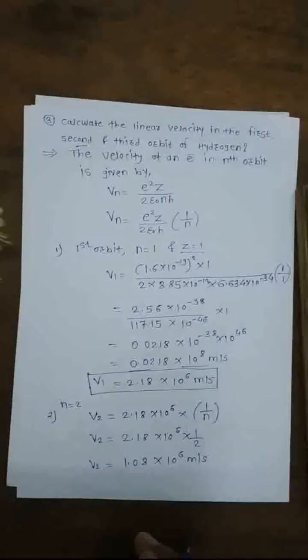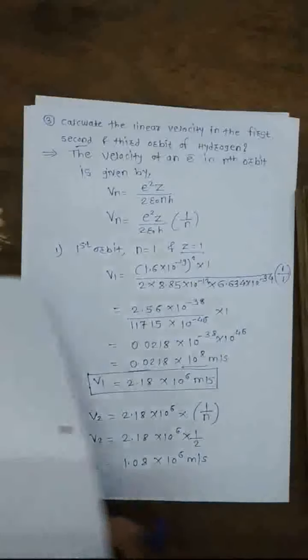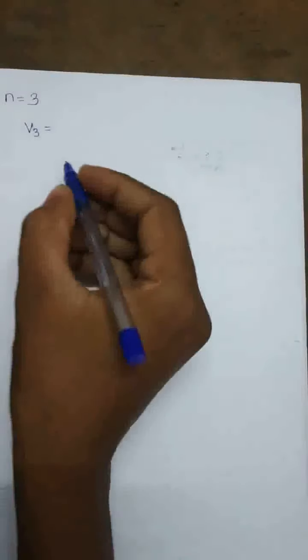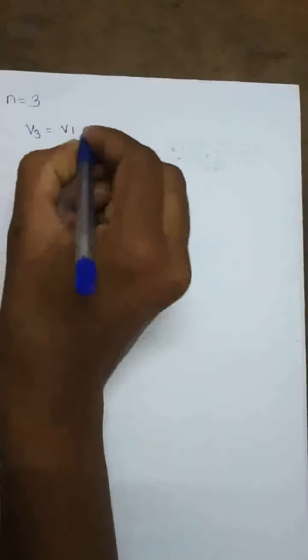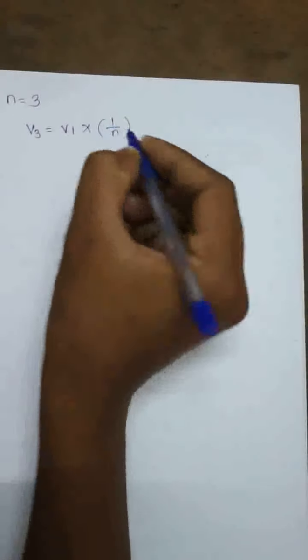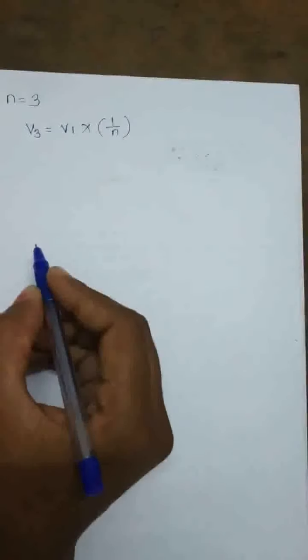Now, in this way, we have to calculate V3. How will we calculate V3? For V3, n is equal to 3. Therefore, the velocity of an electron in the third orbit, V3, is equal to V1 multiplied by 1 upon n, and the value of n becomes 3.